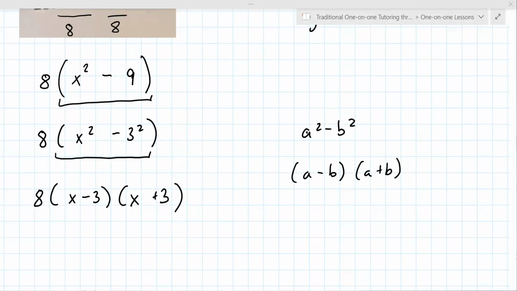Let's move on to the next problem here. So we'll go to 16.